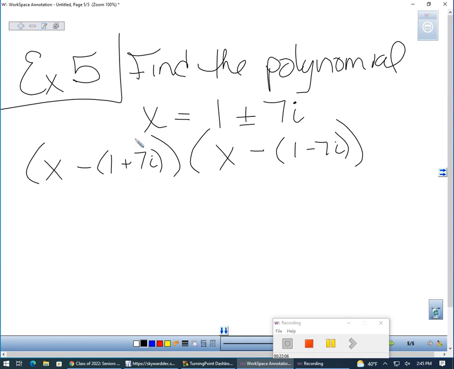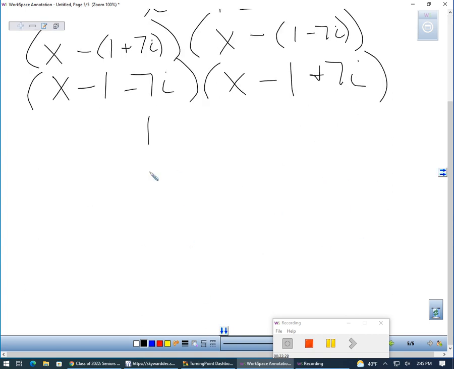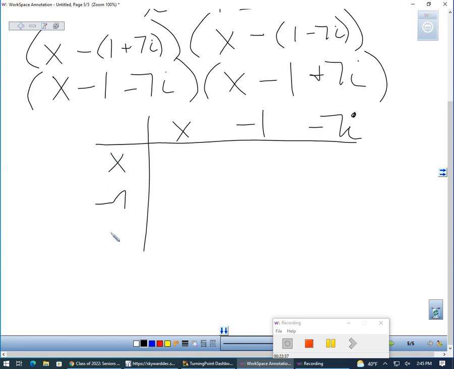So our first one is going to be x minus 1 minus 7i, and we're going to times that by x minus 1 plus 7i. And, of course, I'm going to put it in the box.